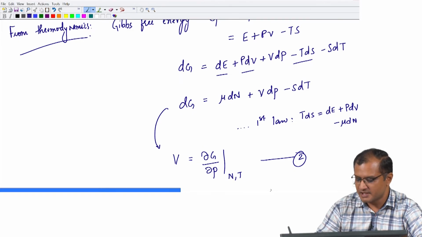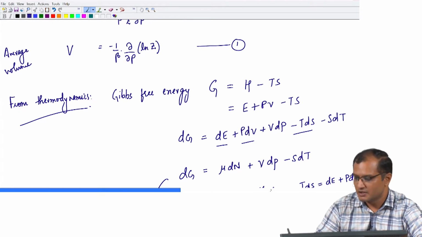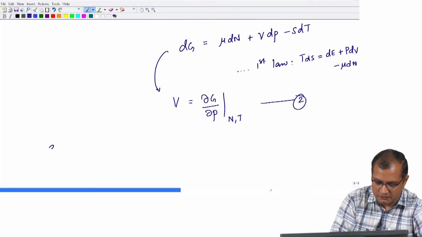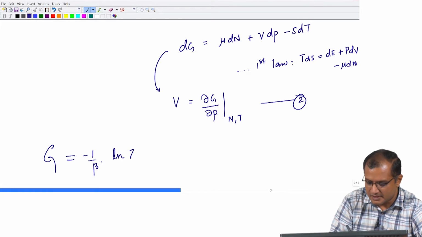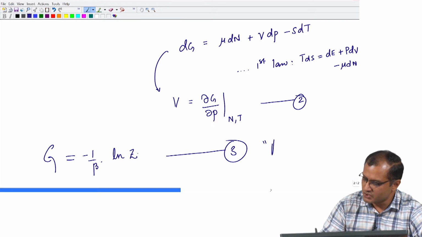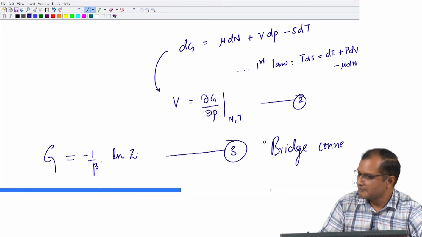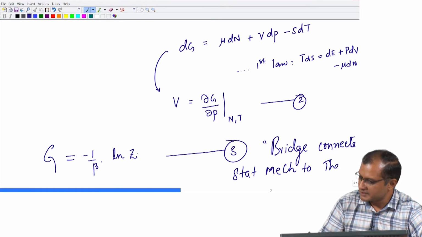The right hand side is dG over dP, and the other right hand side is dG over dP of 1 upon beta ln Z. So, I can equate my Gibbs free energy with 1 upon beta ln Z. So, this is the bridge that connects stat mech to thermodynamics.